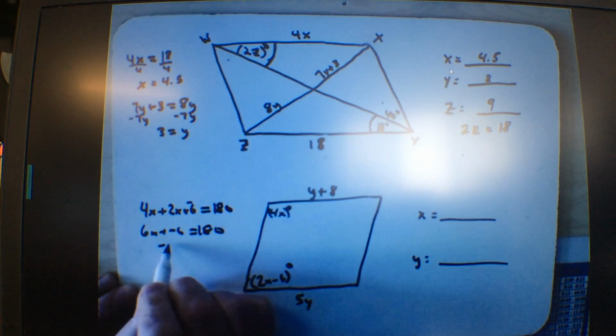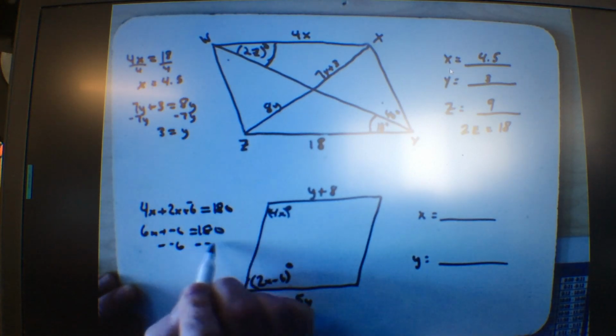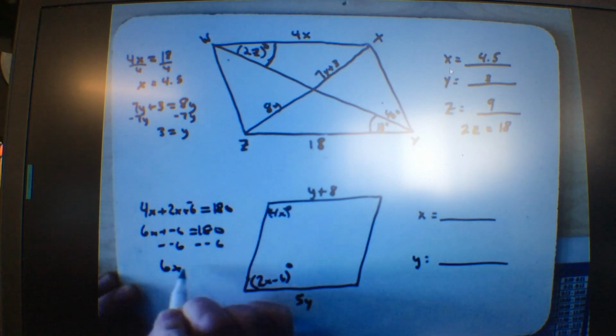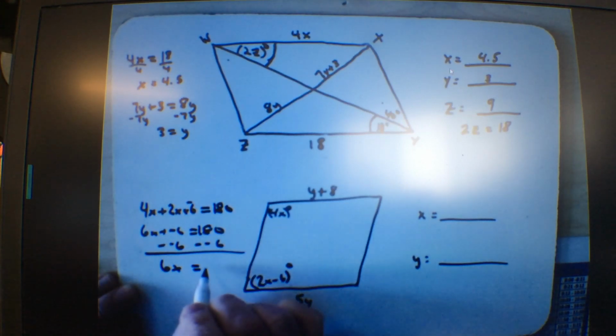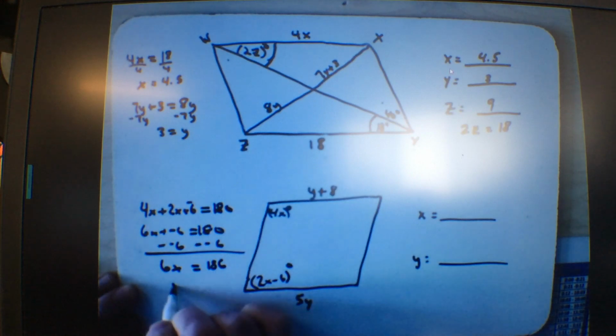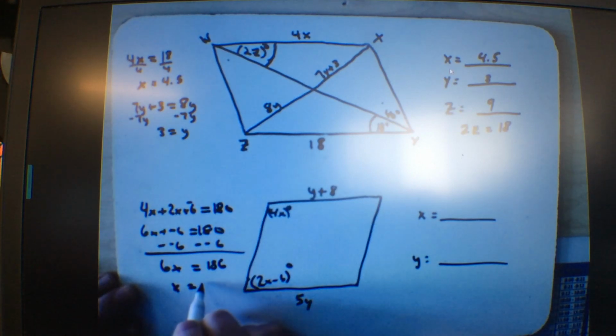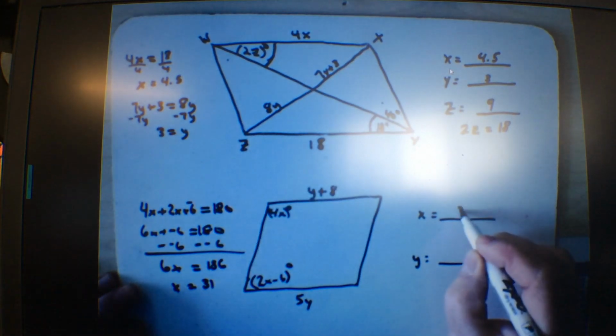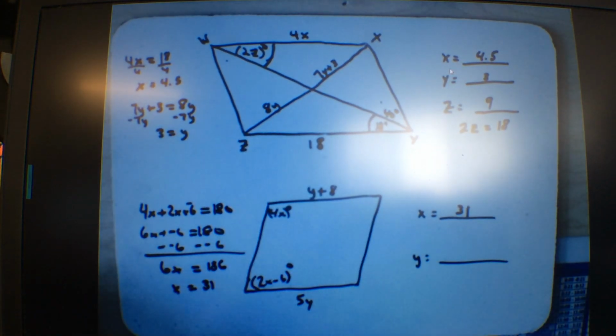And then I subtract a negative 6, which is the same as adding 6, right? So what I get is 6x equals 186. And so x equals what? 31. Once again, x is a value, so I don't have to put degrees on it. If I asked you to find the whole angle, then you would put degrees on it. Correct, Dylan? Yeah. Okay. All right, so how would I find y?